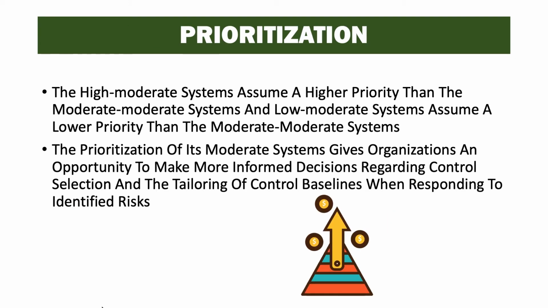The high moderate systems assume a higher priority than the moderate systems, and low moderate systems, those assume a lower priority than the moderate systems. The prioritization of moderate systems gives organizations an opportunity to make informed decisions regarding selection and tailoring of control baselines when responding to identified risks.